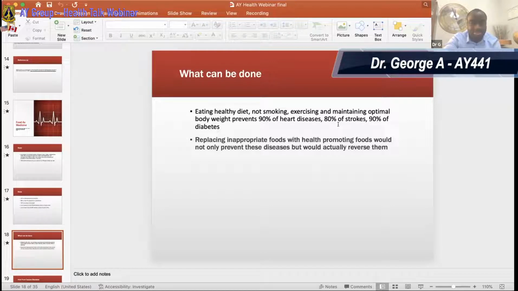Eating healthy food, exercising, and not smoking can almost get rid of all these issues that we talk about. So the food that we put in our mouth, and I'm going to talk deeper into this, if we're able to remove all the inappropriate food, we will not only prevent these kinds of diseases, but we can actually eradicate or reverse them.